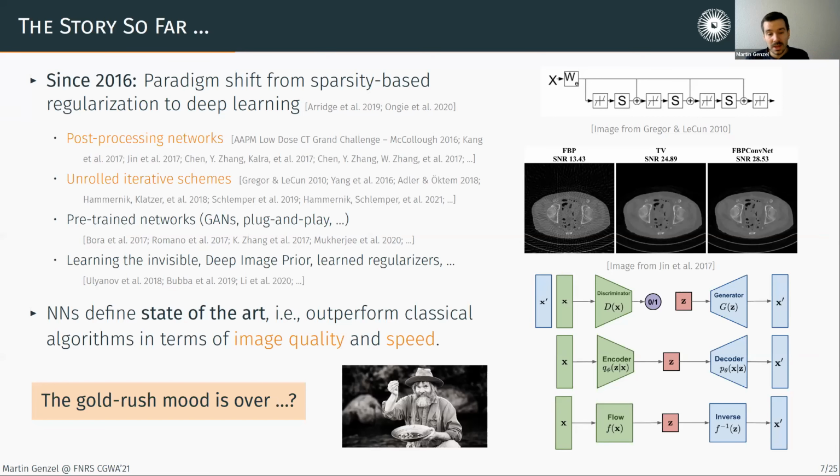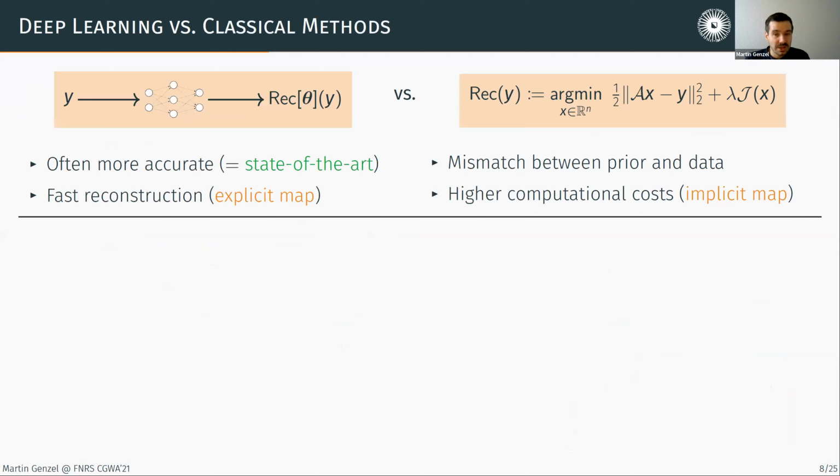Okay, so to motivate us a bit, let me give you a very quick comparison between these deep learning-based approaches, which I've just introduced, and classical variational approaches, which I guess you've seen before. We also saw this morning what you would typically do if you solve an inverse problem with a model-based approach. First of all, one thing that is in favor of learning-based methods is that they often produce better and more accurate results.